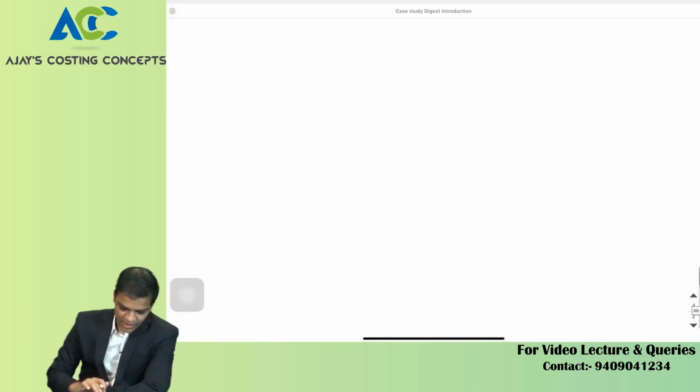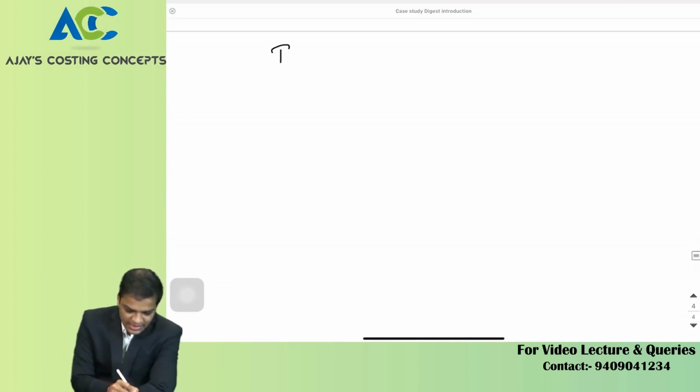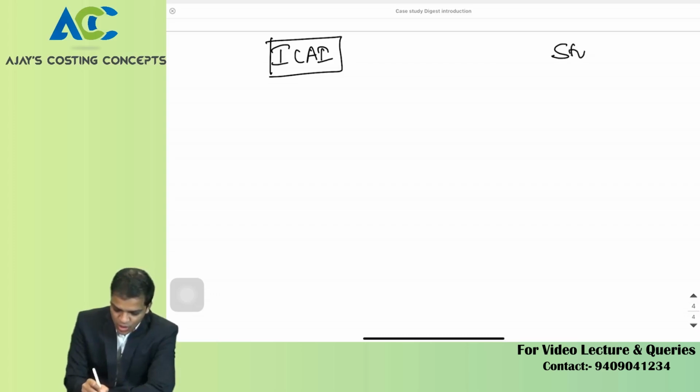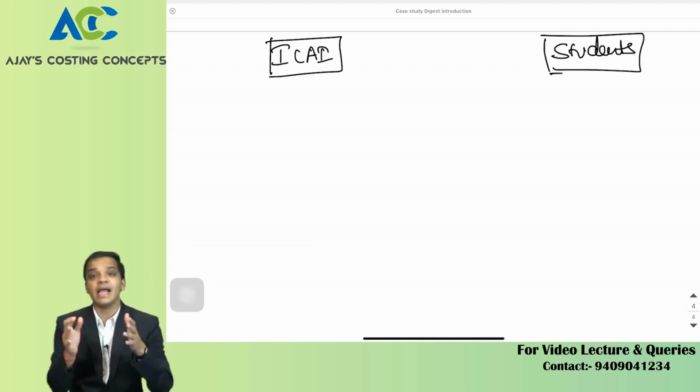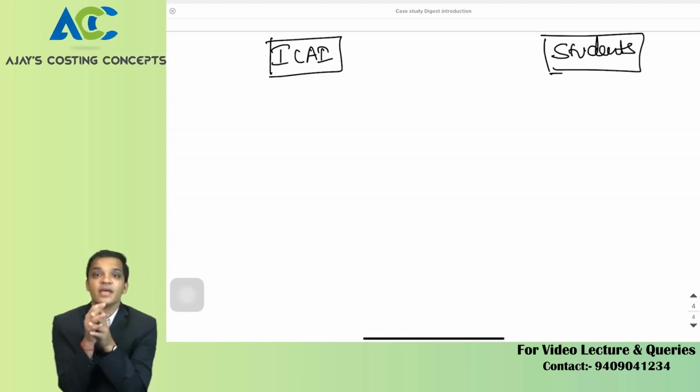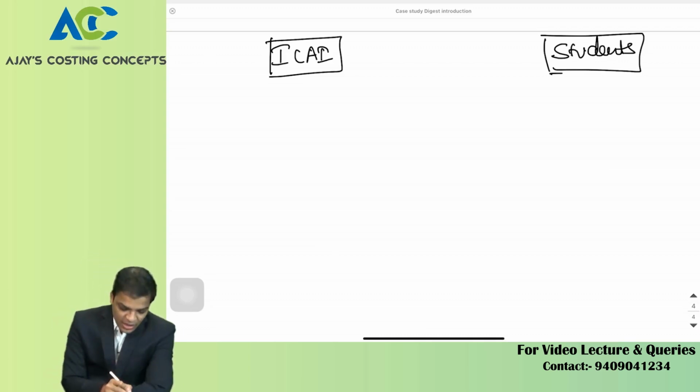is that when it comes to understanding of your classes, there is an ICAI, right? And this is what you are. The students are over here, right? So at Ajay's Costing Concept, our motto is that this ICAI has some expectation from you people, right?